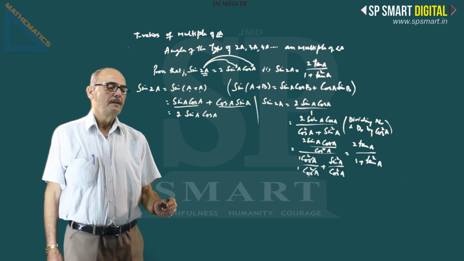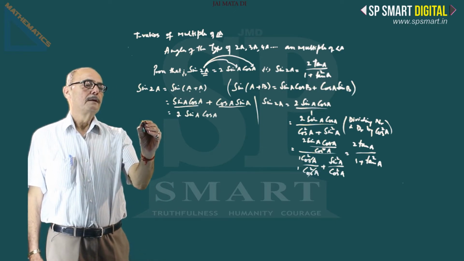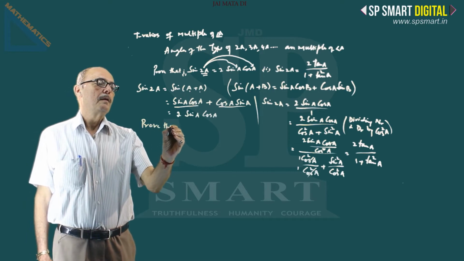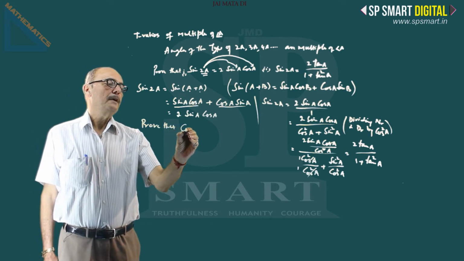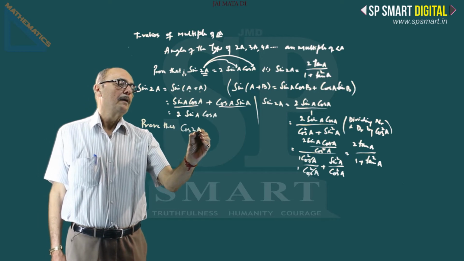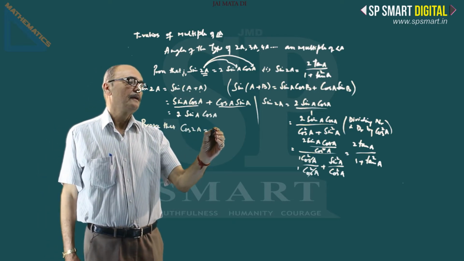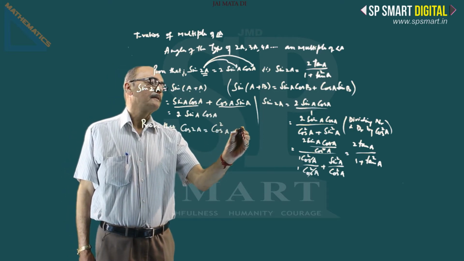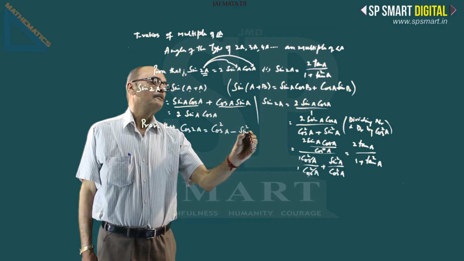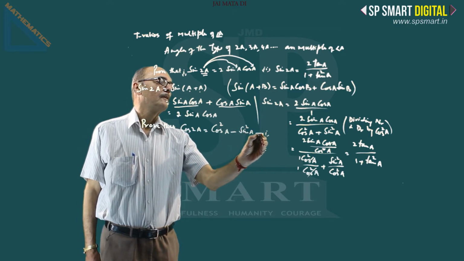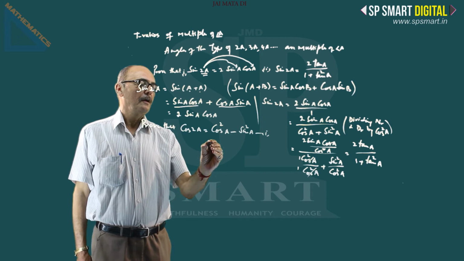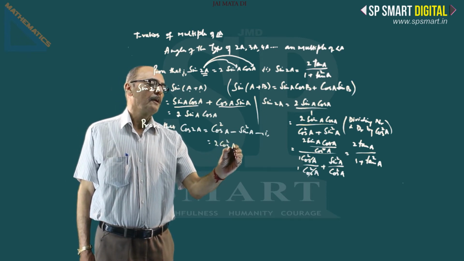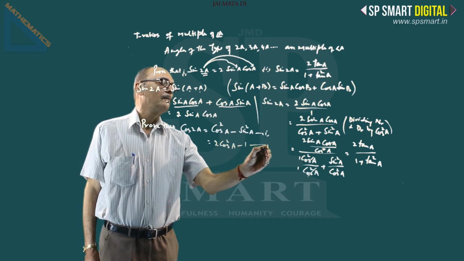Then next we have prove that cos 2A is cos square A minus sin square A. Mark it as first. It is also equal to 2 cos square A minus 1. Mark it as second.